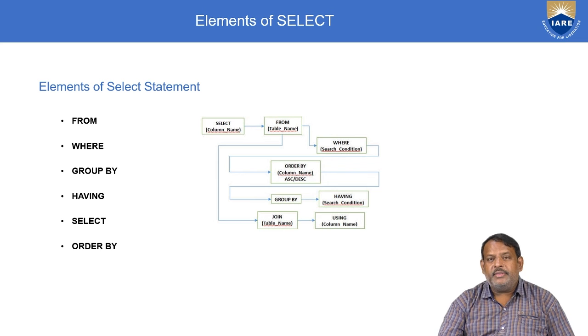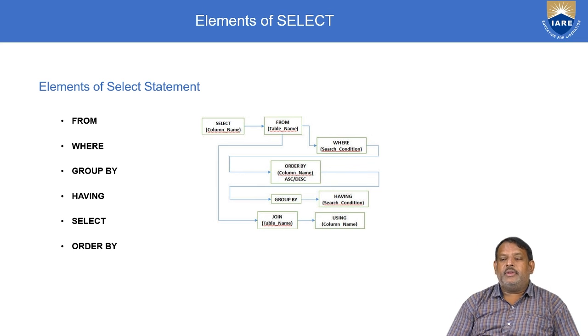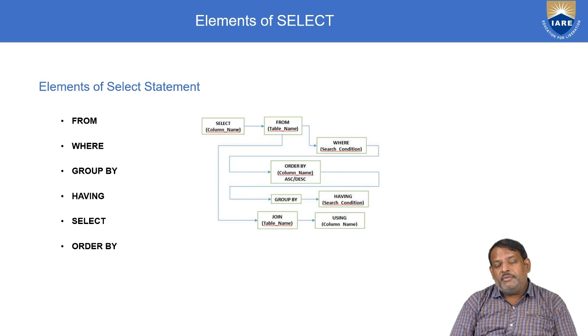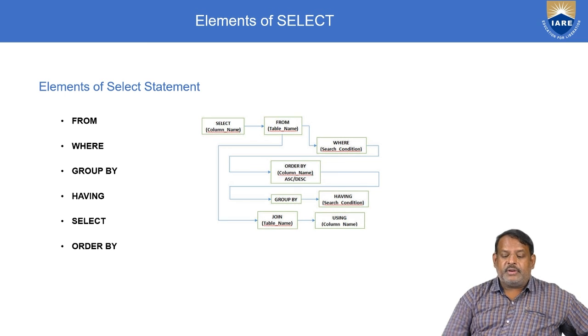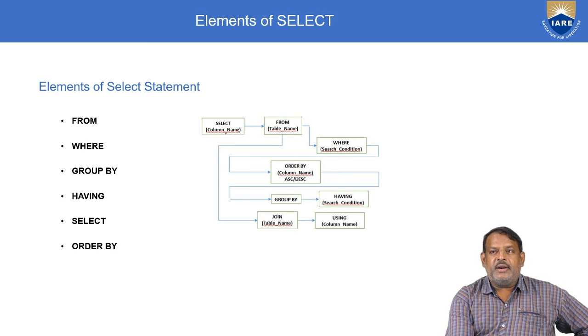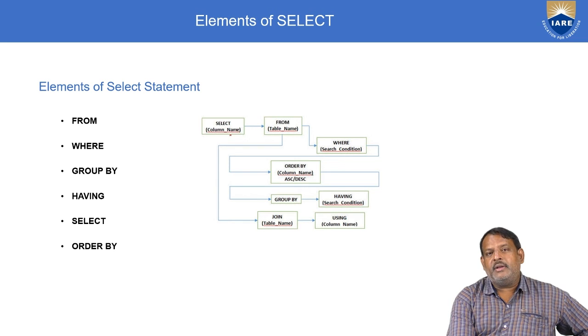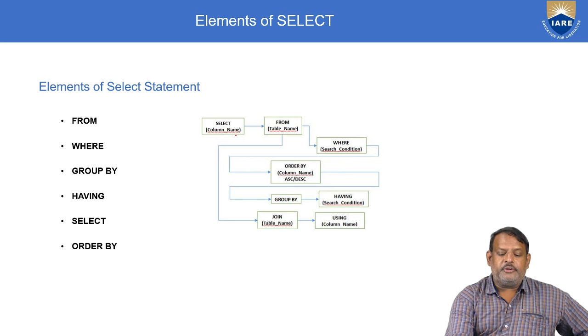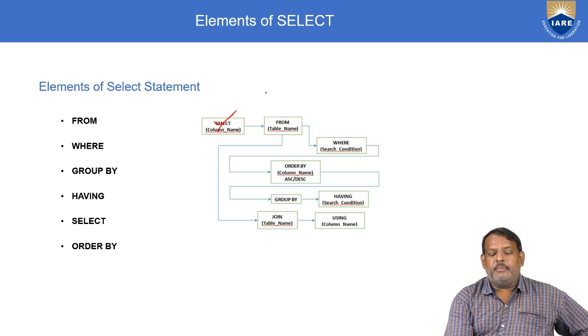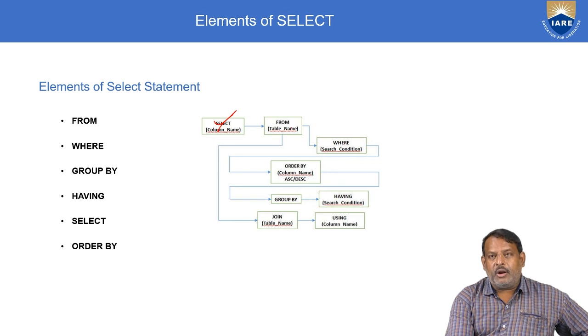So at a high level, this is the diagram you have to use. We started with the SELECT statement, where we display the attributes which you want to display. The FROM clause says from which table you want to see the data.